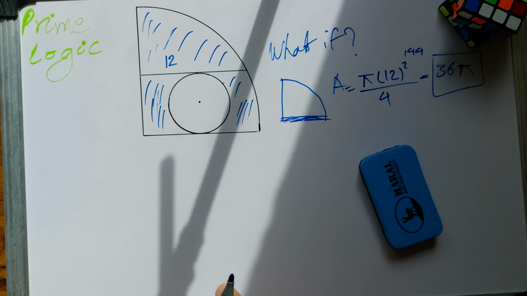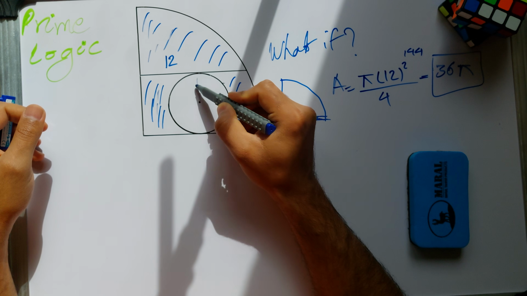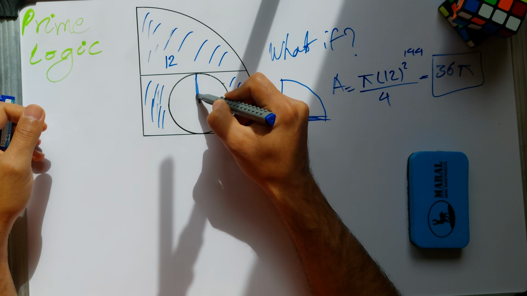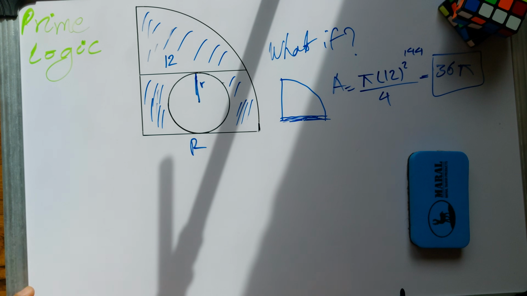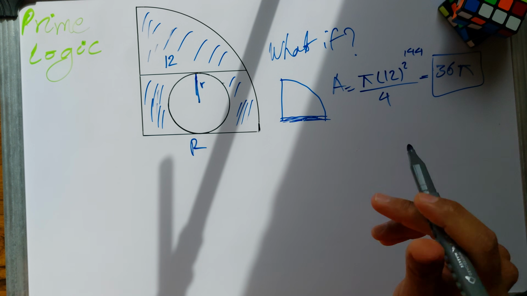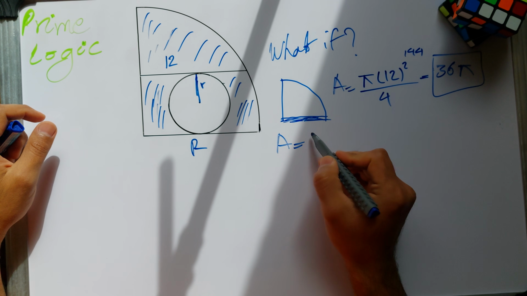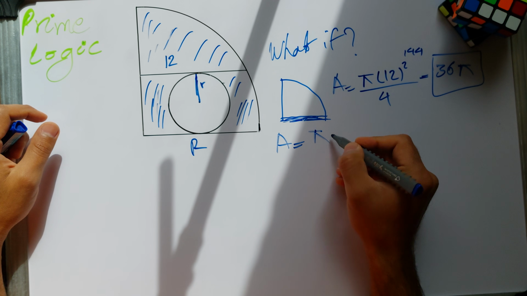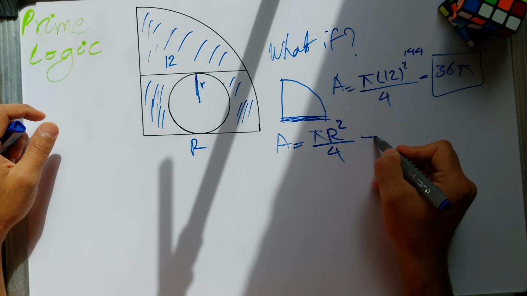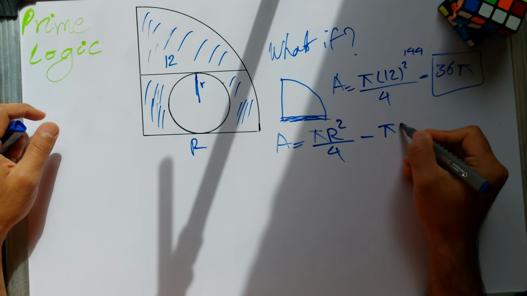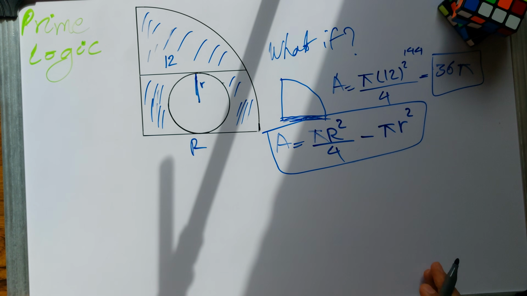Let's name the radius of the smaller circle little r, and the radius of the bigger circle just big R. What we want to find is the area, which is the area of this quarter circle, pi R squared over 4, minus the area of the circle, pi little r squared. So let's put a box around it now.